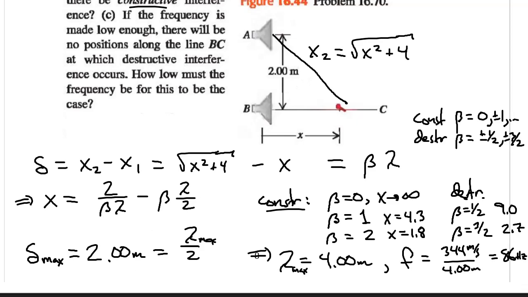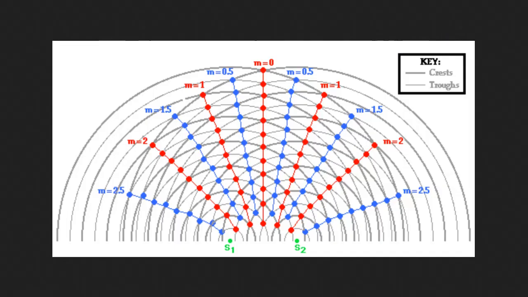It might be helpful to look at the picture we saw before, this one. We have the two sources, and we're here on this line out in front of speaker number 2 in this picture. Okay, so way out here at infinity, there's 0 path difference. Then as you get closer and closer, you cross the m equals half, or we called it beta equals a half line.